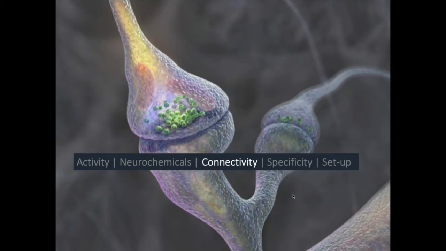So again, another way of, hopefully, slightly interesting, using multimodal imaging and brain stimulation to answer questions about neurophysiology.